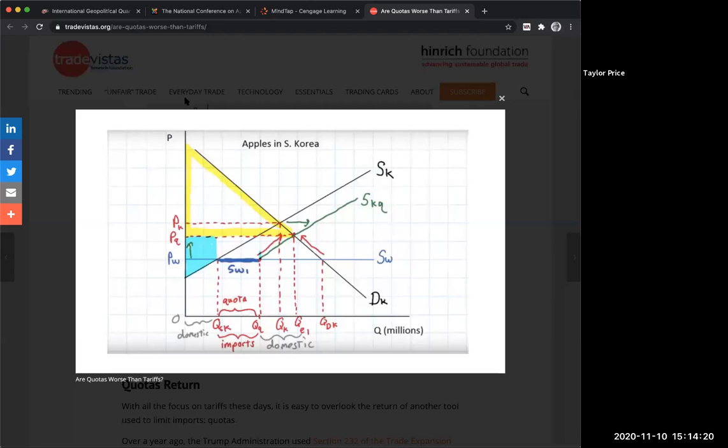Yeah, and it's kind of weird because this is a slightly different version of what we were looking at before, but the concept and the idea is the same.